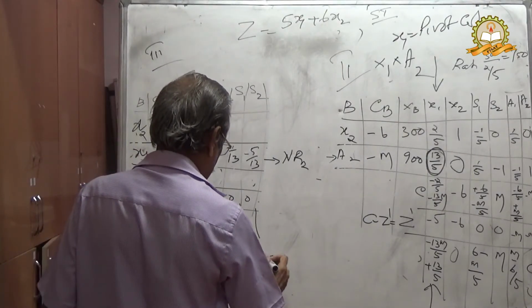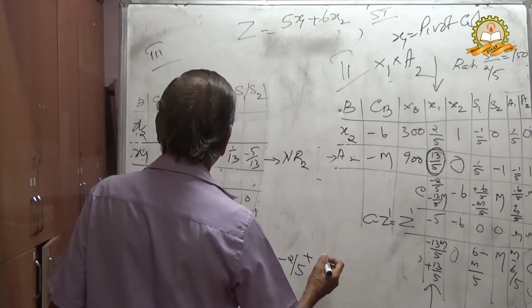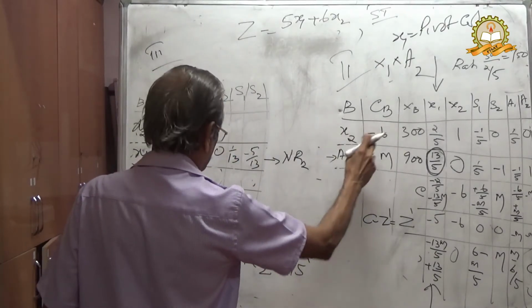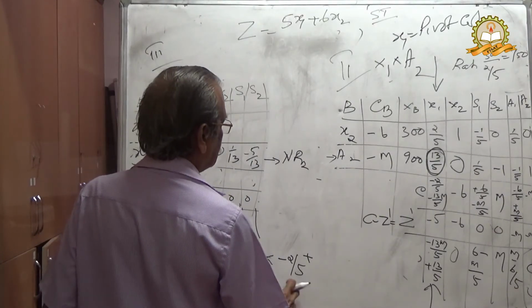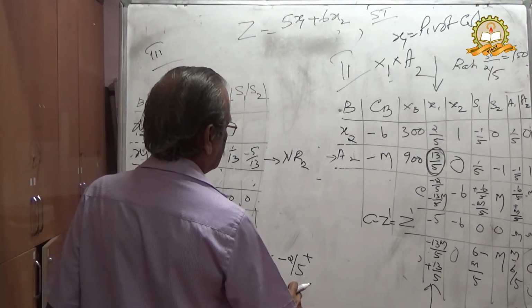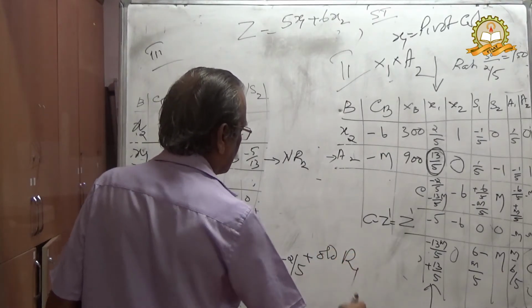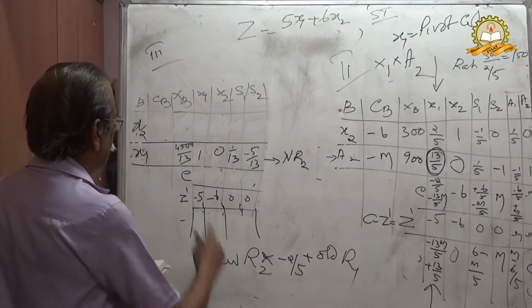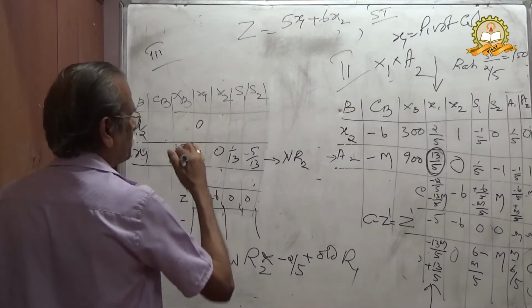New row R2 into minus 2 by 5 plus old R1. Negative 2 by 5 plus old R1. So here it is negative 2 by 5 plus this becomes 0.